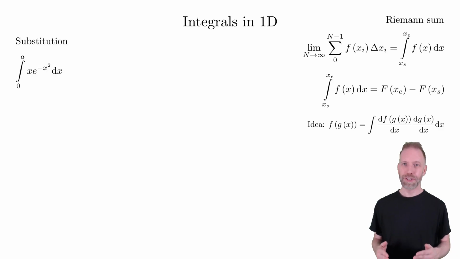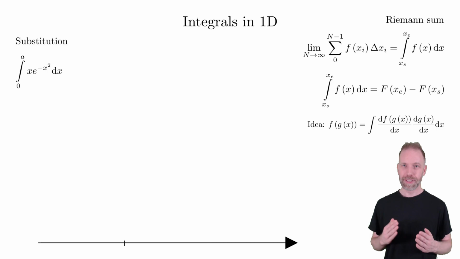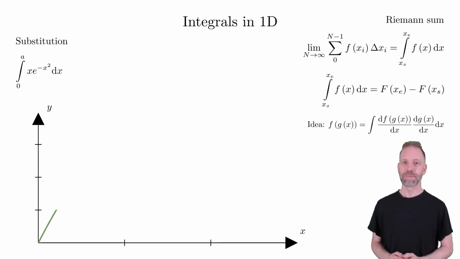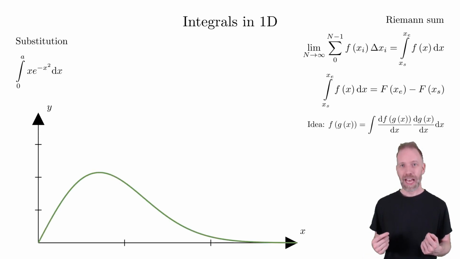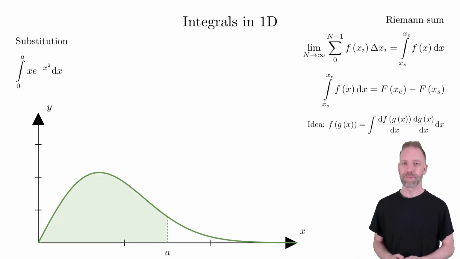Let's do another more useful example to demonstrate substitutions. Integrate x times e to the power of minus x squared dx from 0 to a. This function looks like this, and we want to know the green area. Our substitution will be u of x is x squared.